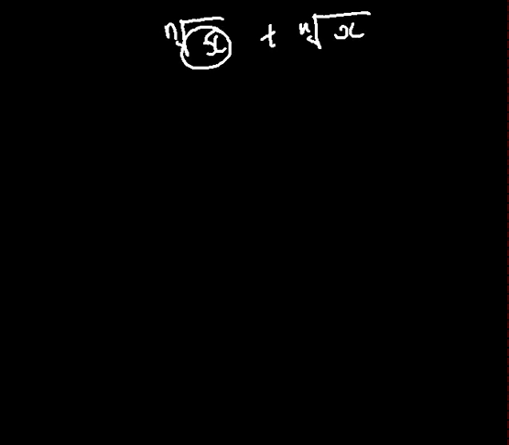Now these two terms are said to be like terms because the roots have the same index given as n, and we also have the same terms inside the roots. Then these are said to be like terms, and we can add them to have 2 times the nth root of x.